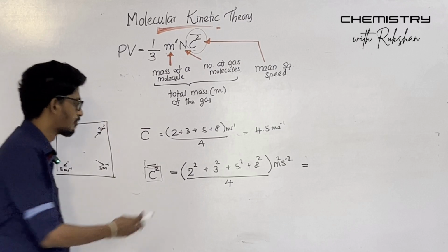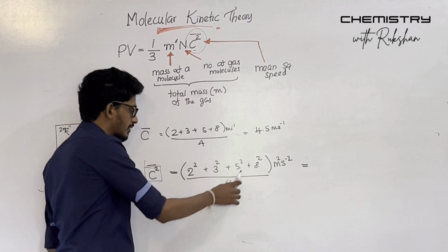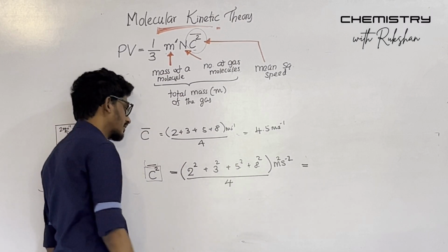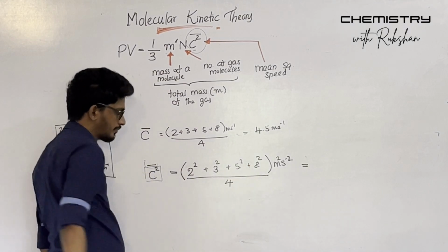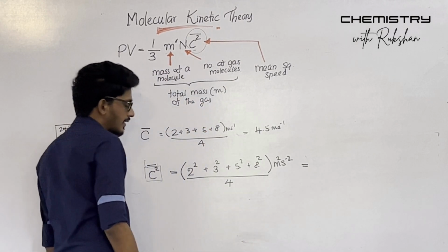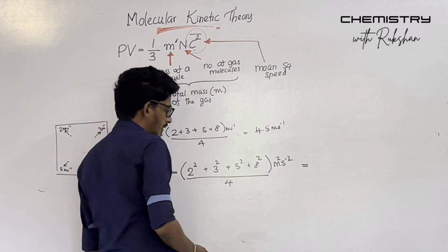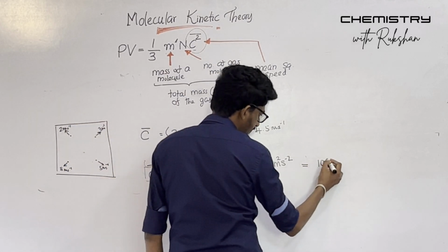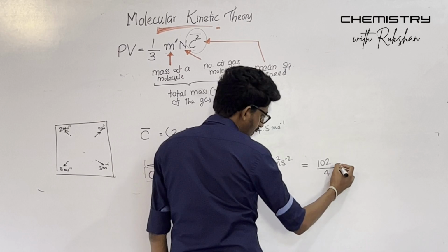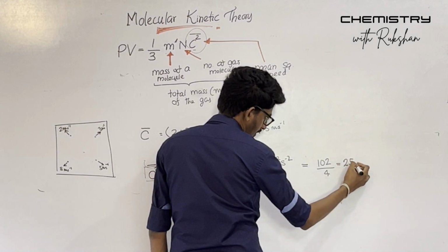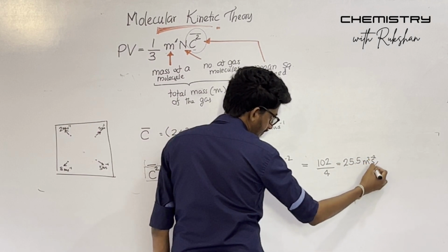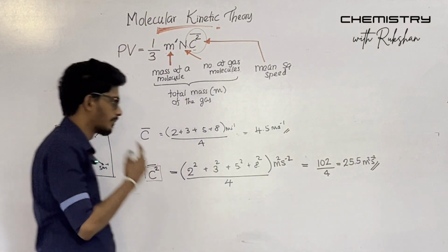It will be 4, 9, or 13, 13 plus 25 is 38, 38 plus 64, that is 102, no? Divided by 4. That will give you 25.5. That is how we are supposed to come up with C squared bar.